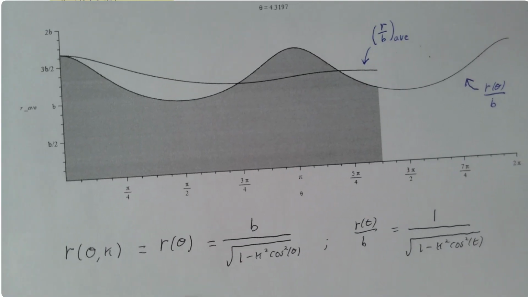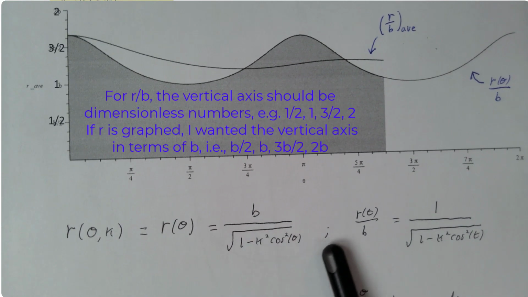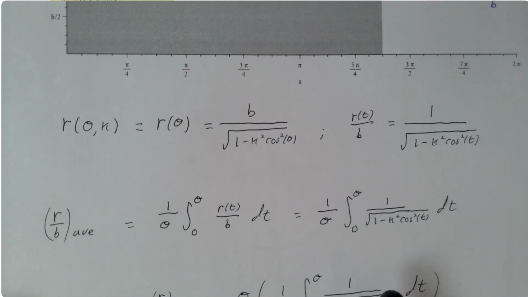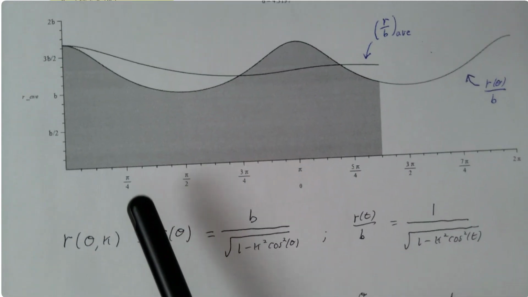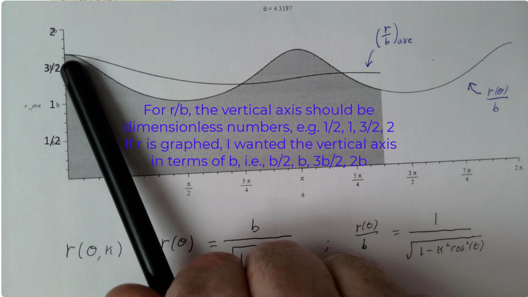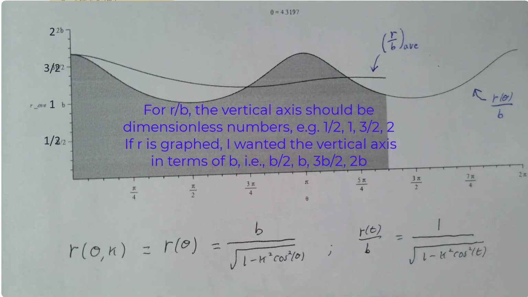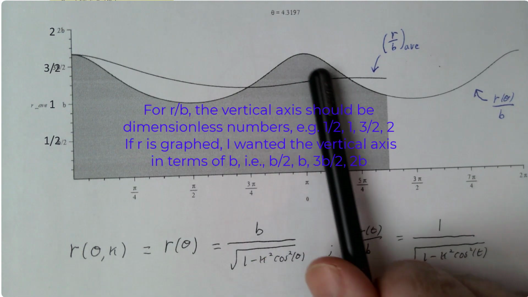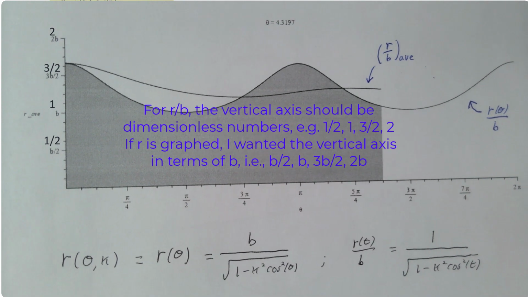Instead, if you solve for r, it is this. So r divided by b is this quantity. And if I look at the average value of r over b, so here's r over b, which before was just the integrand, which was r. So this is the same shape as before because I kept the eccentricity as 0.8.